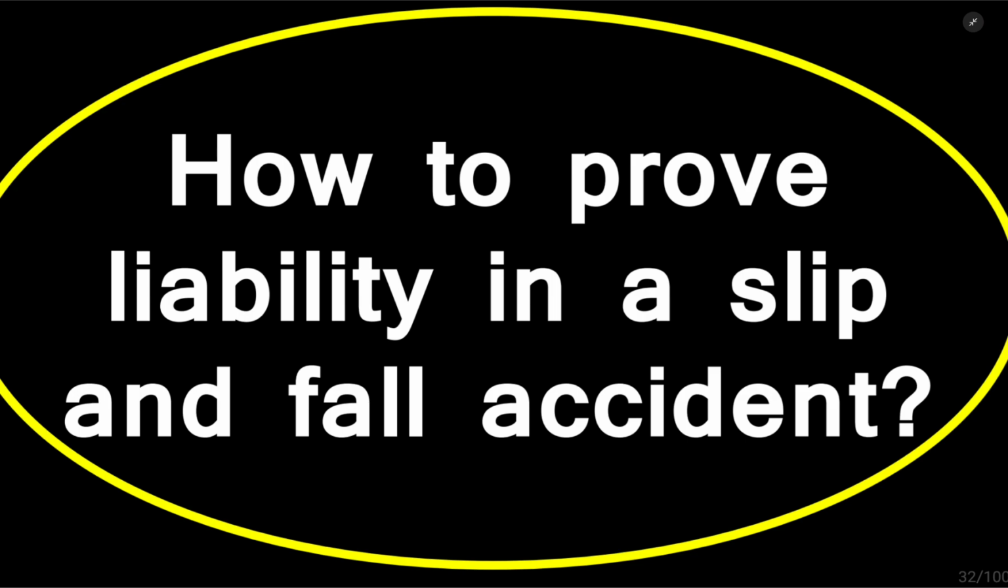Now, the second point is prove that the hazard existed. To prove liability, you must show that a hazardous condition existed on the property that caused the slip and fall.